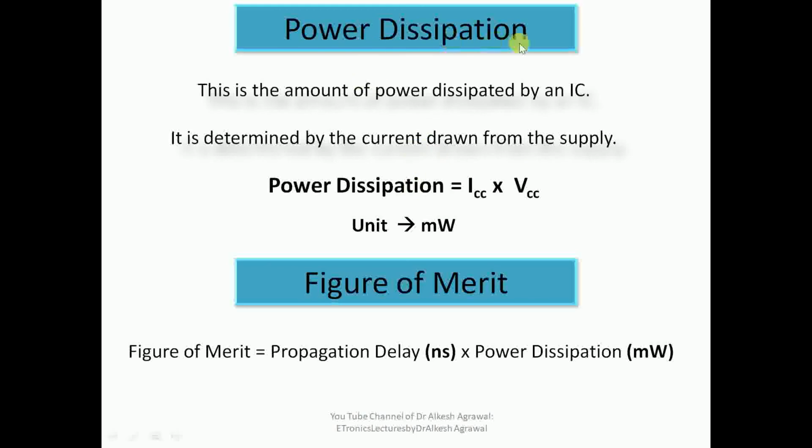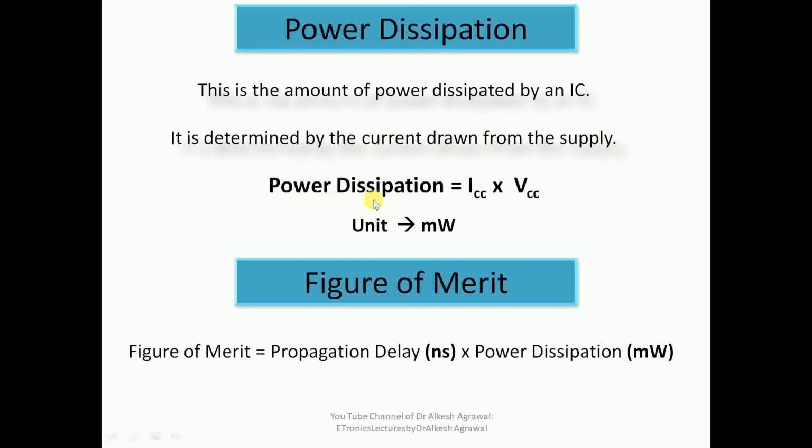Then we have power dissipation. As you can see, whenever any electrical component is being operated, it dissipates power. That is true for ICs also, because an IC contains some electrical components. This is the amount of power that is being dissipated by an IC. It is depicted in terms of the current that is being drawn from the supply.